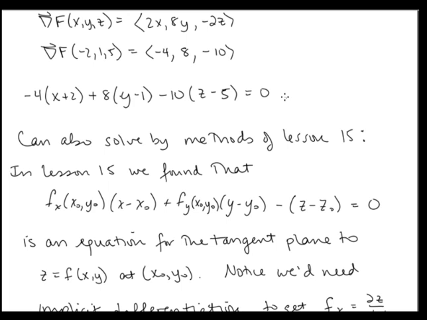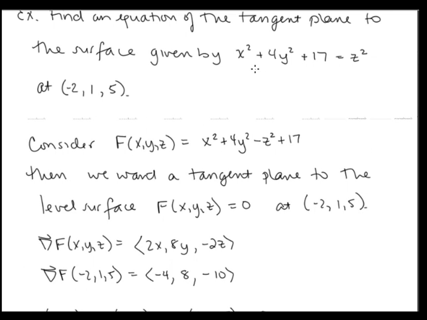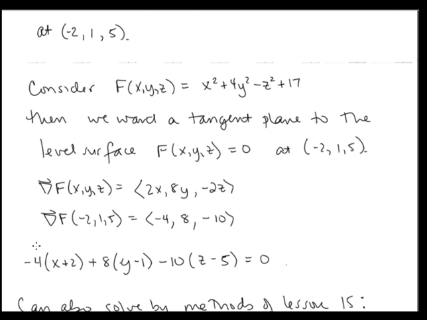But it seems like the new method is a bit quicker. So it's kind of a smarter way to go to take our surface, recognize it as a level surface to a function of 3 variables, compute the gradient at the point, and go straight to an equation of the tangent plane. And we'll conclude our lesson on the directional derivative and the gradient vector here.